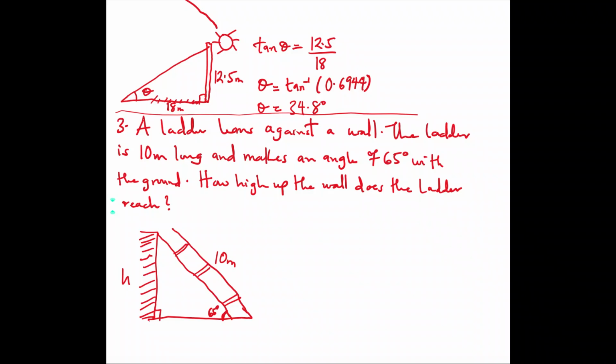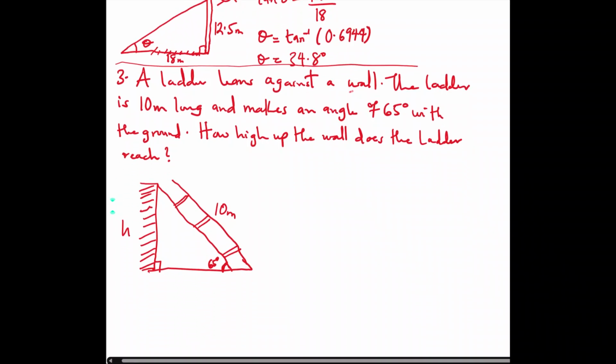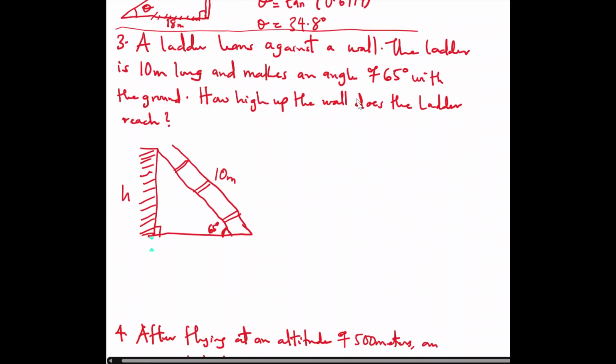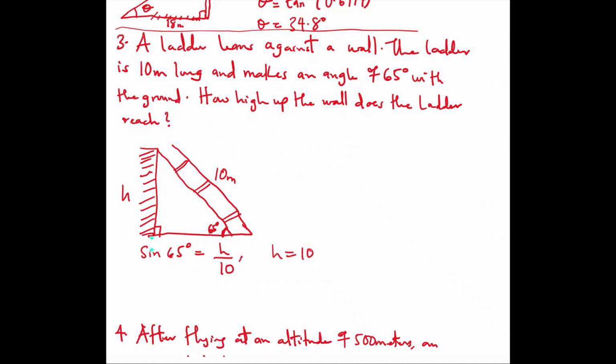Okay, so now in this case we are given the hypotenuse, we are asked to find the opposite side. And the term that connects it is sine. So we have sine 65 degrees is equal to h over 10. Okay, so when we cross multiply, h is equal to 10 sine 65 degrees.